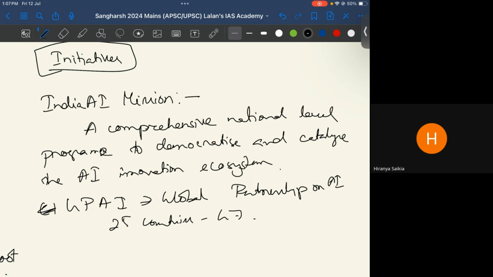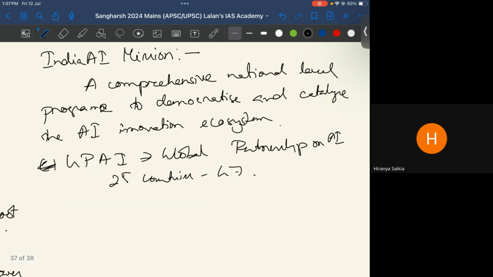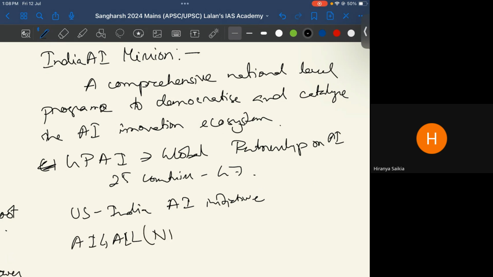তাৰপিছত আমাৰ আৰু আছে US India AI initiative. তাৰপিছত আমাৰ আছে নীতি আয়োগে ষ্টাৰ্ট কৰিছিলে AI for all, it is a global hackathon. মানে কি জানে ন, you know what is hackathon, it's like a ideational challenge.